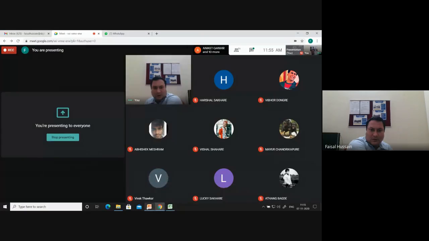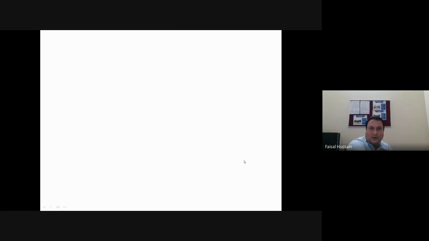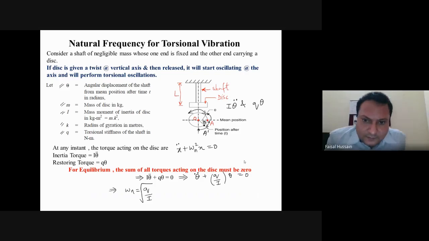Now, see, in the previous equation, we have seen that inertia torque plus restoring torque are the two torques which are acting on the system.